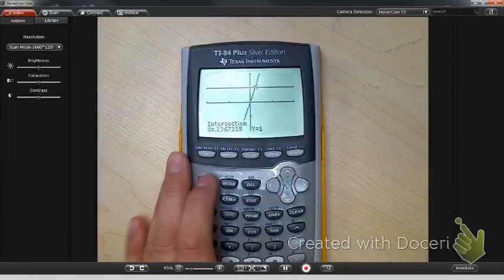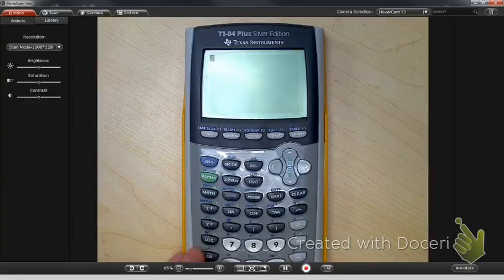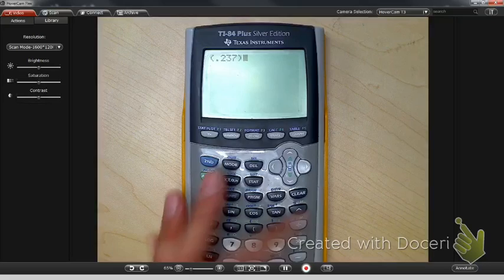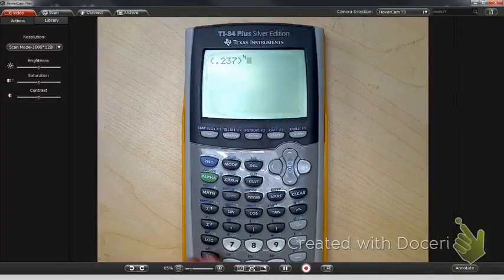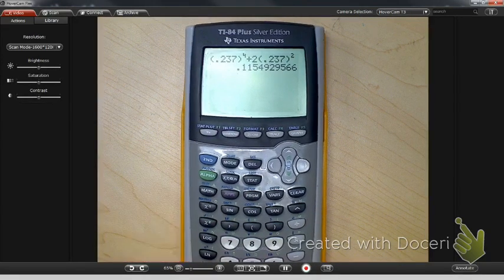So if I go back to the main screen, that would be 0.237 to the power of 4, plus 2 times 0.237 squared, and that gives me 0.115. So the y coordinate of my point is 0.115.